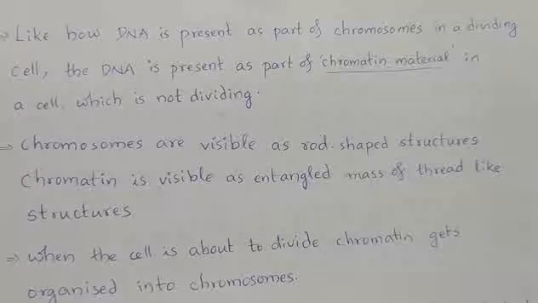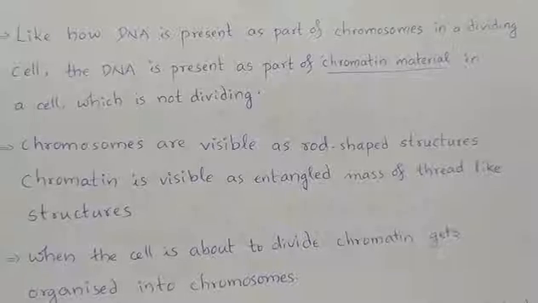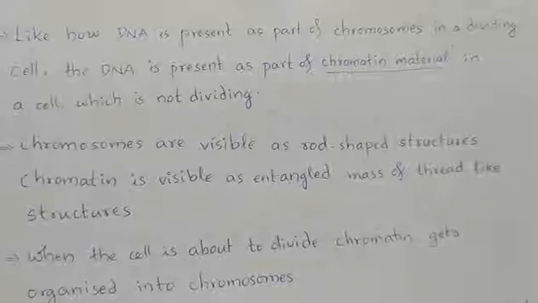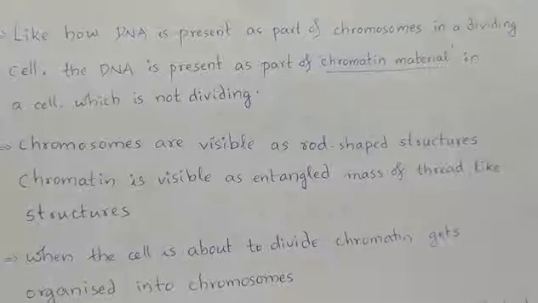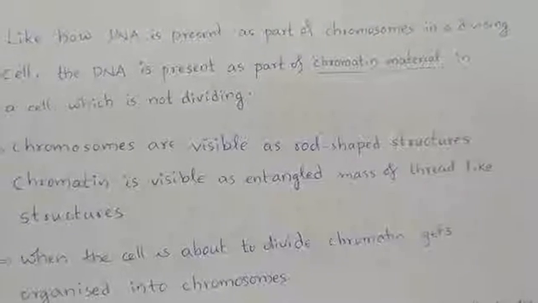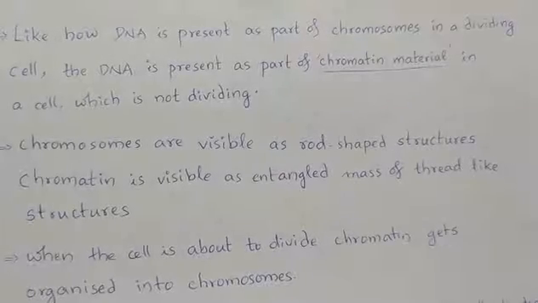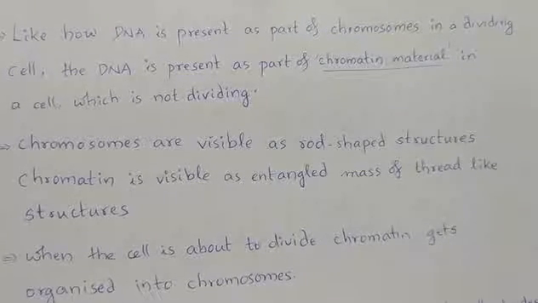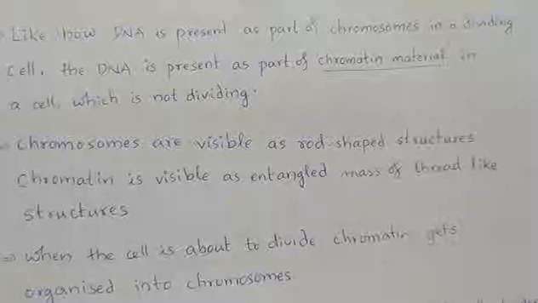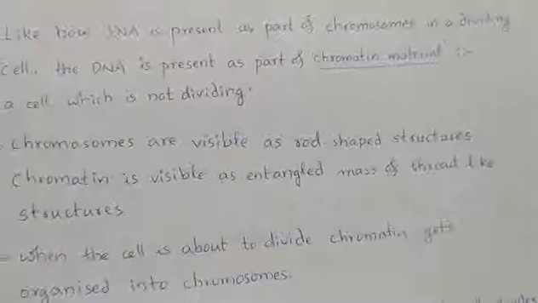Chromatin only is changing its organization and forms the what? Chromosomes. Chromosomes are visible as rod-shaped structures when the cell is dividing. And chromatin is visible as an entangled mass of thread-like structures.